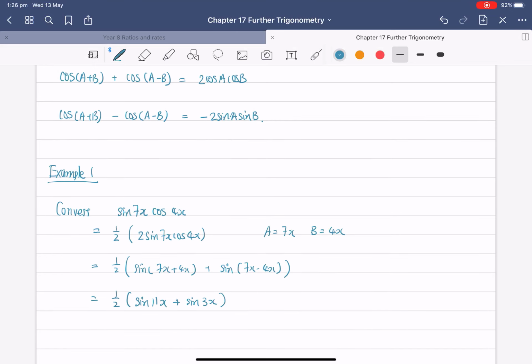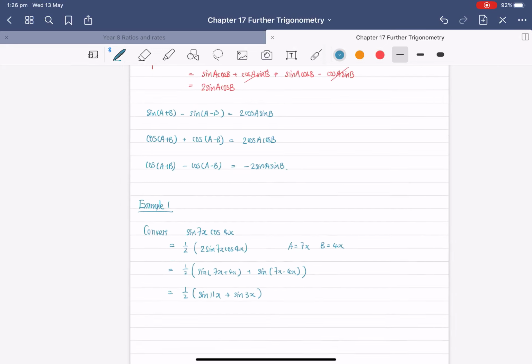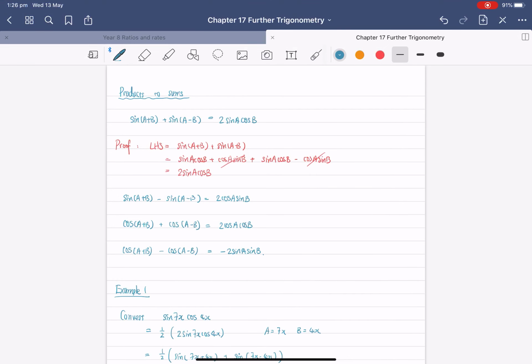That gives you the answer. This is again pretty easy. I don't find those questions really hard, as long as you memorize or are able to use the formula to do the questions.